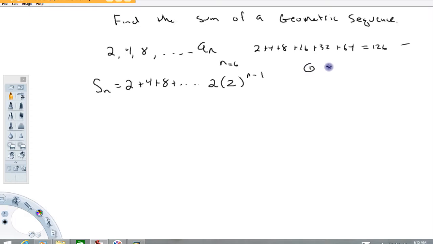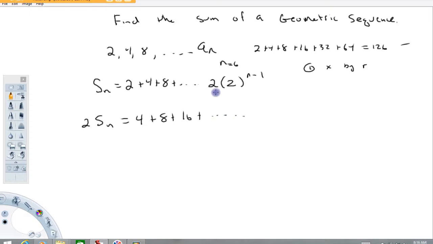Step number one, multiply both sides of this equation by r, whatever r is. Here r is 2, so the left-hand side is now going to be 2 times s sub n, equals the right-hand side, multiplying everything through by 2. That's going to become a 4, an 8, a 16.